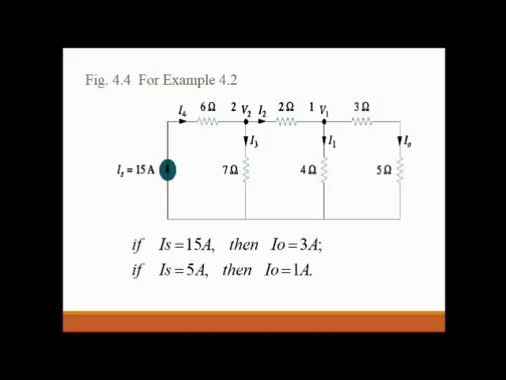So this shows the linearity principle, or the property of linearity, that the input is directly proportional to the output. We have also come across this in the case of Ohm's law, where V is directly proportional to I, and so on.